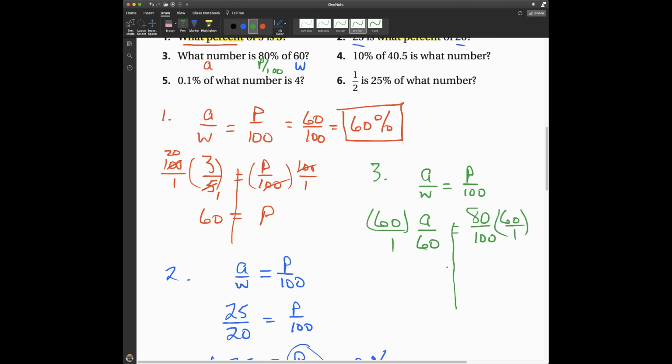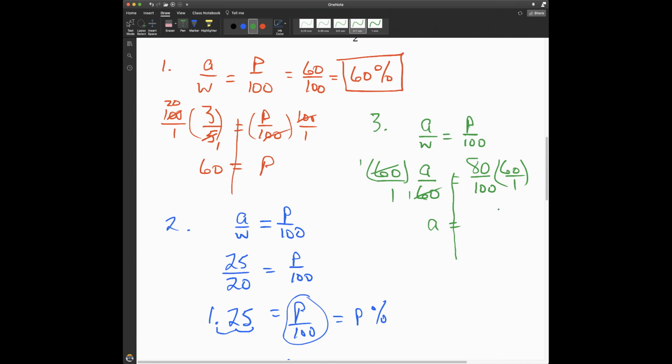Multiply this side by 60. That way this stuff cancels over here, and I'm just left with A equals, and A equals what? Well, I can do some canceling, or I can just multiply it in my calculator. So 80 times 60 is 4,800, and 4,800 divided by 100 is 48.